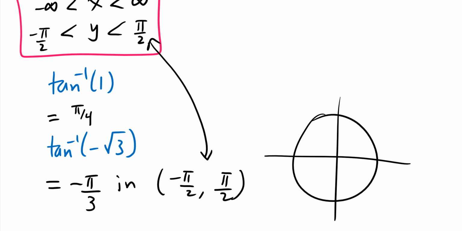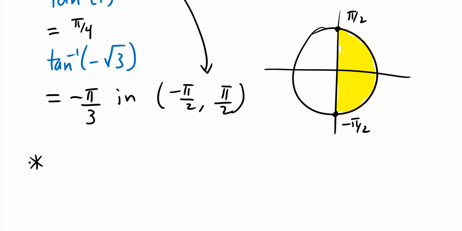Here, -pi/2 to pi/2 is the same interval as we did in sine. The only difference between the sine and this one is that it does not include the bounds, -pi/2 and pi/2. It's only below pi over 2 and bigger than negative pi over 2.